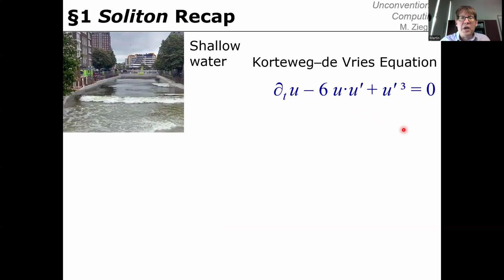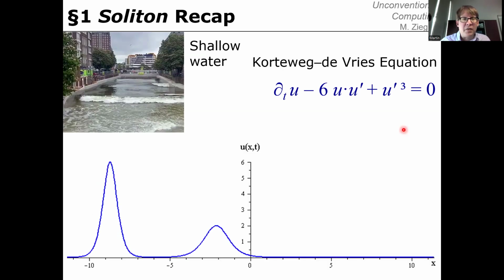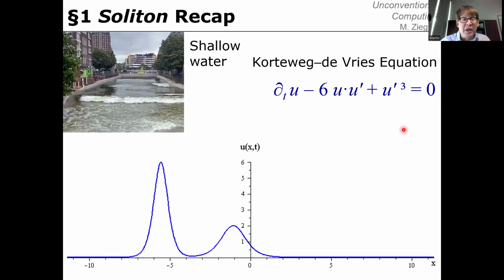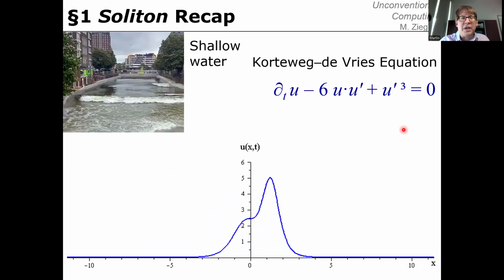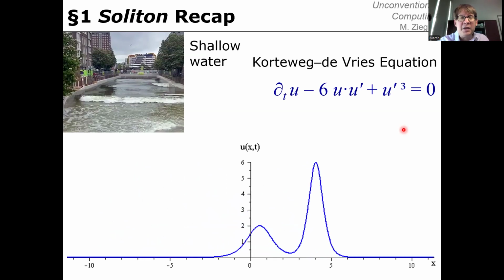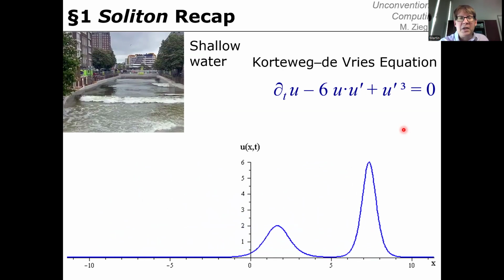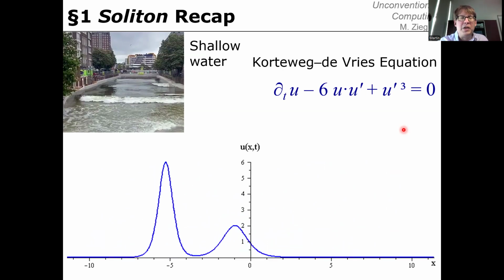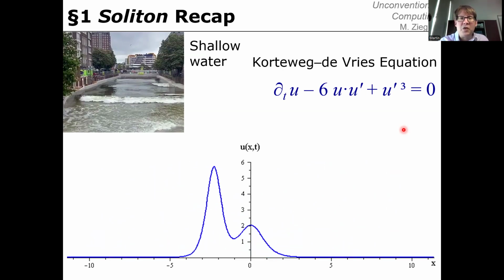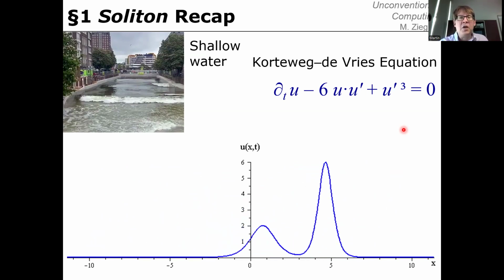Now let's look at the mathematical simulation of such waves according to the nonlinear Korteweg-de Vries equation. Here you see two waves. And the first thing you notice is that they're traveling at different velocities. This cannot happen for the linear wave equation. In the linear wave equation, two waves always travel at the same velocity, regardless of the amplitude.